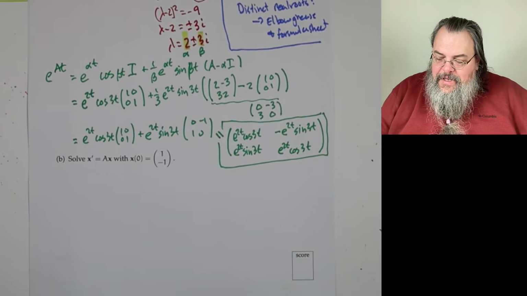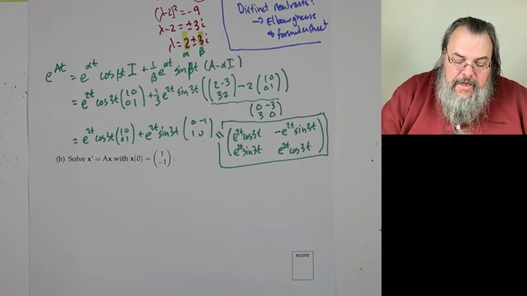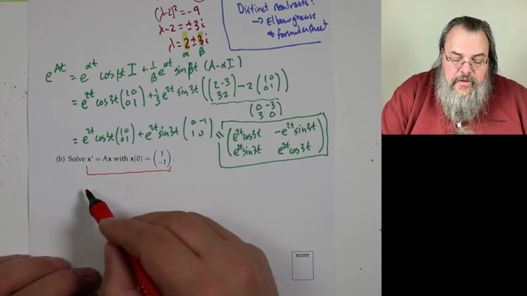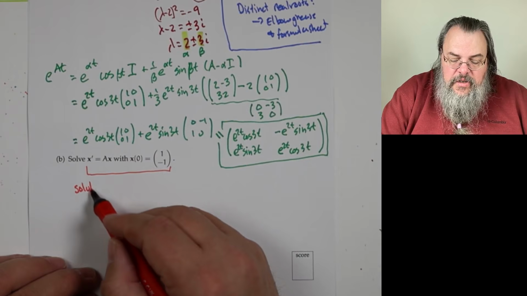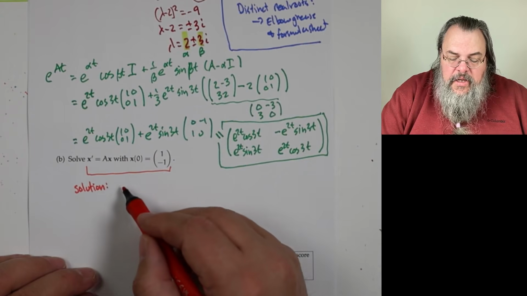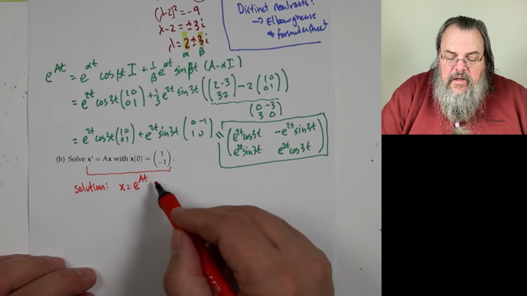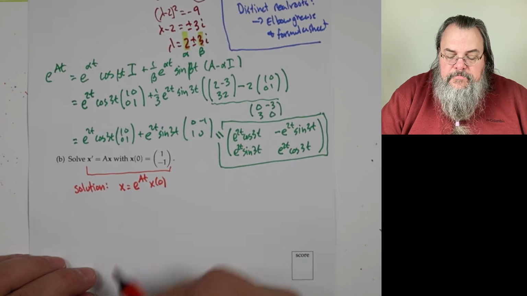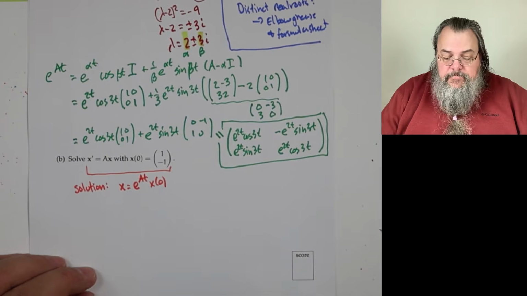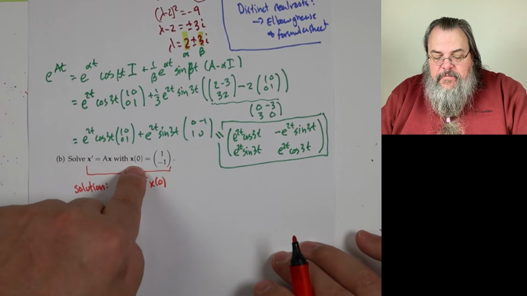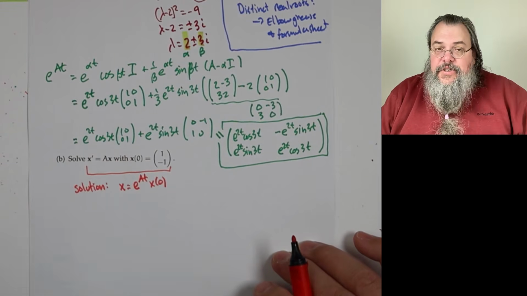If you're given x prime equals Ax with x of 0 equals (1, -1), the solution always looks the same. It's x equals e to the At times x0. That's it. So if you ask to solve x prime equals Ax with some initial condition, there's your solution.